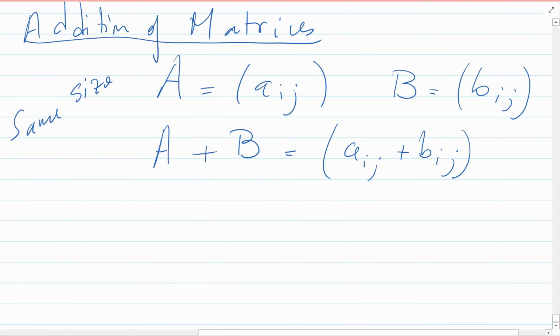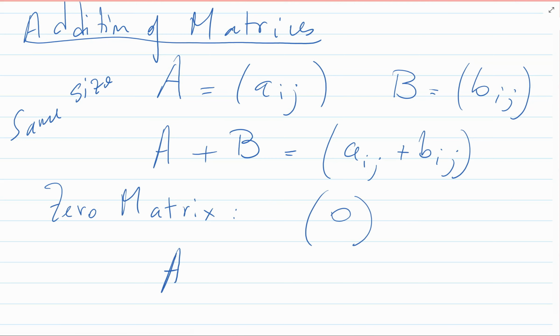So of course, we can ask, is there a matrix that behaves like the zero number? And the answer is yes. We have what's known as the zero matrix, where all of the entries are equal to 0.